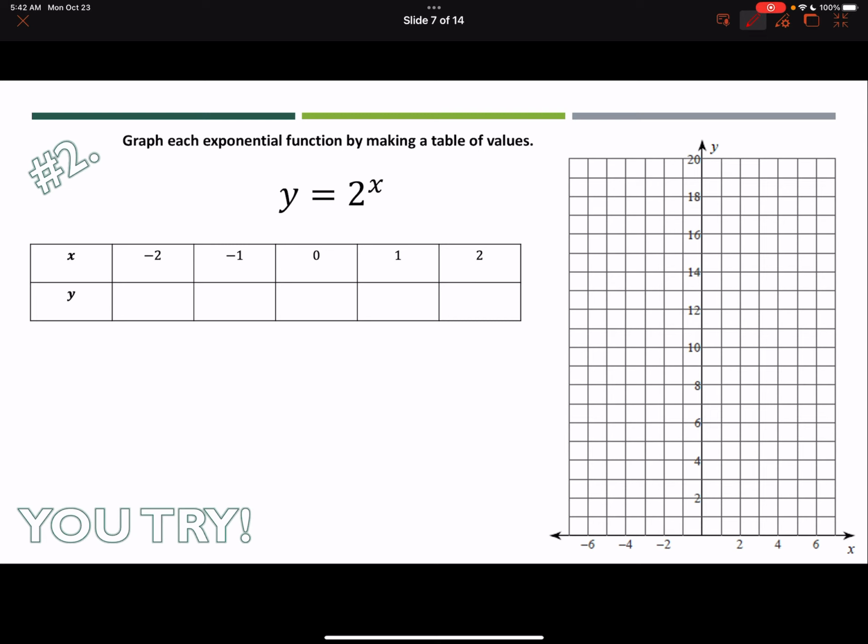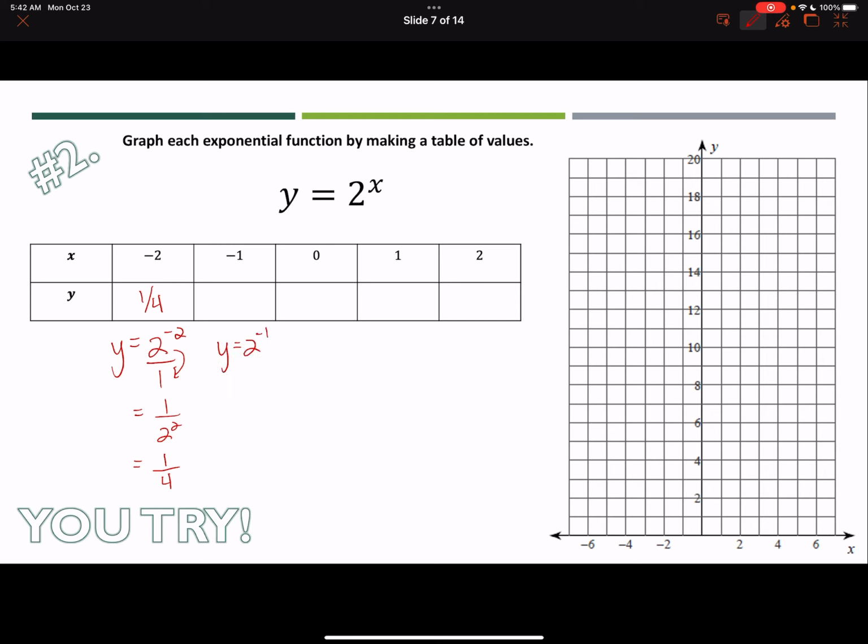Okay. So when I plug in these values, I'm just going to show you the negatives again, because I know these are the tricky ones. But the negative exponent tells me to flip the base. So the base of 2 goes to the bottom. The exponent becomes positive. 2 squared is 4. So this is 1/4.